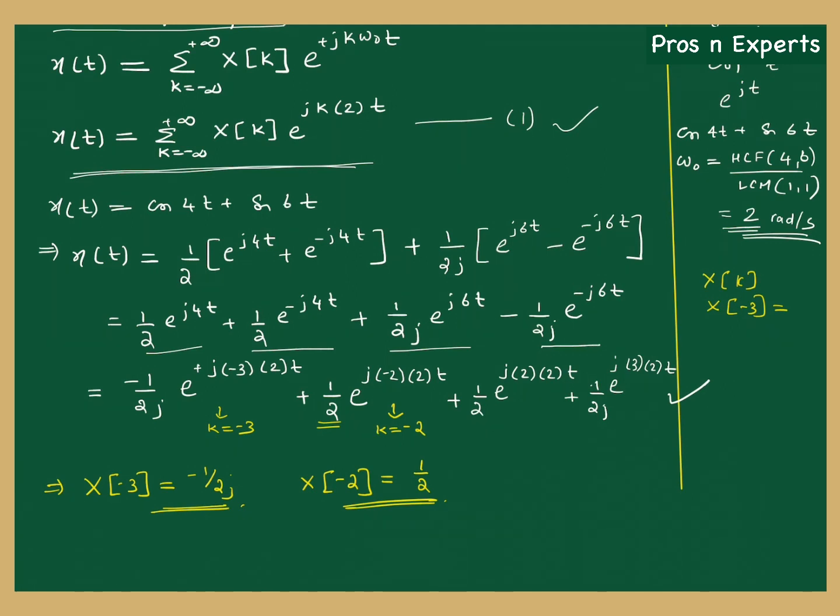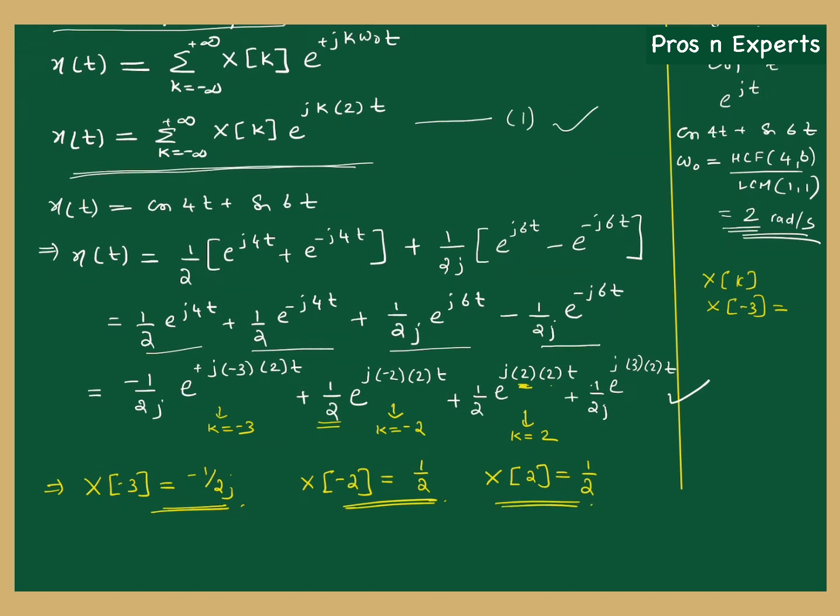The next term gives you x of k as 1 by 2 because 1 by 2 is the scalar here. The other term is the signal. Okay, this is a signal, this is the scalar. So x of k is 1 by 2. And what is k here? K is equal to 2, e raised to jk omega 0 t. Okay, so this term corresponds to k equal to 2. Therefore, x of 2 will give you 1 by 2.